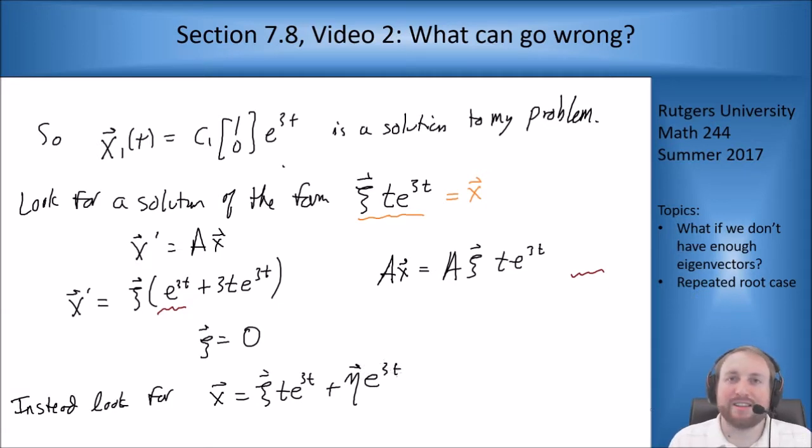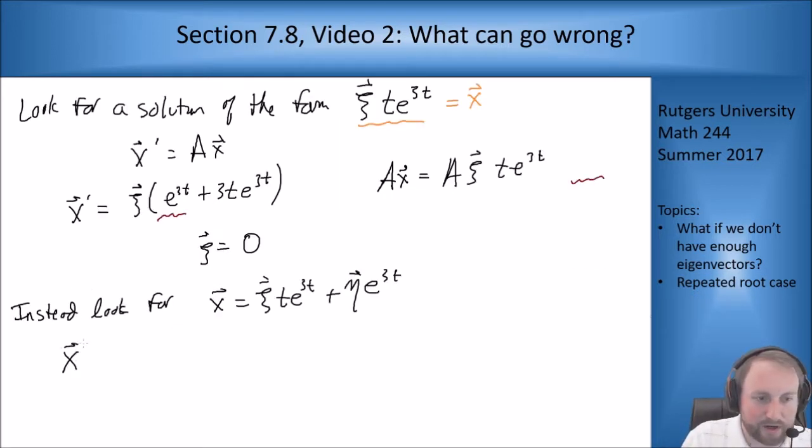The idea here is the same as what you would do for undetermined coefficients when you're guessing stuff for the right-hand side. When you guess t e to the t, you also have to guess e to the t, because in taking derivatives, you produce e to the t's. So here we want to guess a c and an eta, which can be any vector we want. And now we're going to plug this into both sides and see what happens.